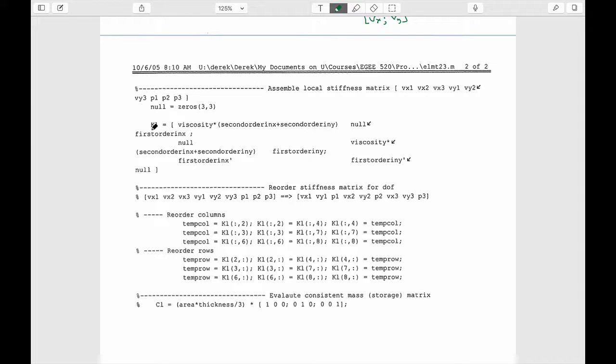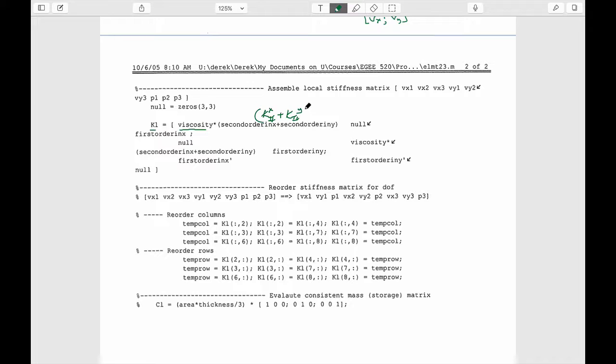This is the big matrix, viscosity times this here is K2 with respect to x plus K2 with respect to y.